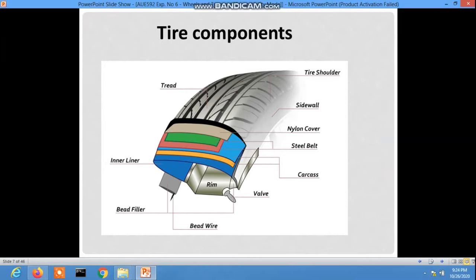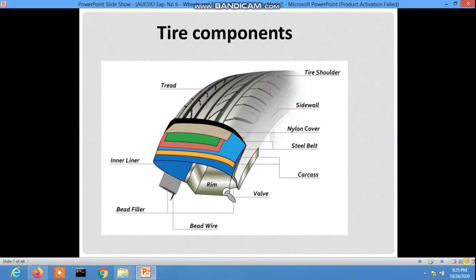There are some components here. First of all, the tread: the uppermost part of the tire is called the tread. Then the inner liner: the lowermost part of the surface is called the inner liner.